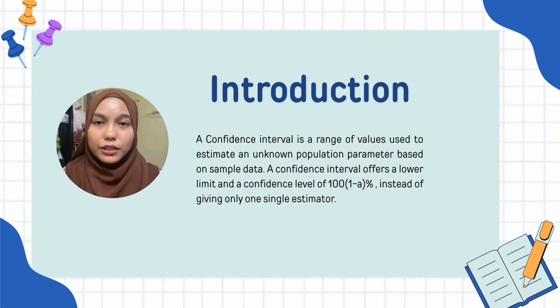In this presentation, we focus on constructing a 100 times 1 minus alpha percent confidence interval for the parameter beta using the chi-square distribution. Understanding confidence intervals is important because they allow us to measure the precision and reliability of statistical estimates.